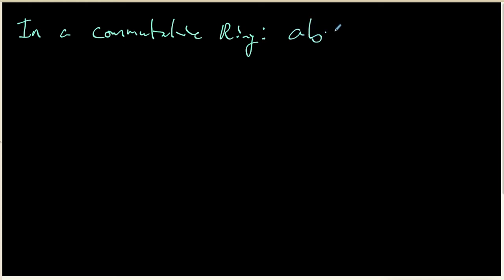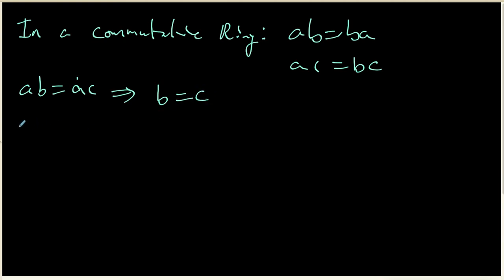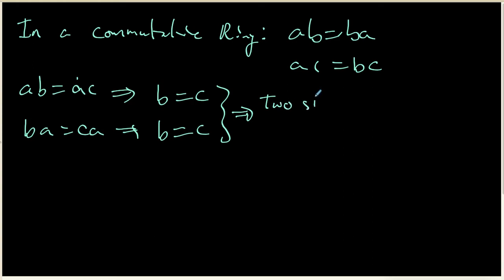So in a commutative ring, AB is equal to BA, AC is equal to BC, and hence AB equal AC implies B equals C, and BA equals CA implies B equals C, can also be very informally thought of as a two-sided cancellation law.